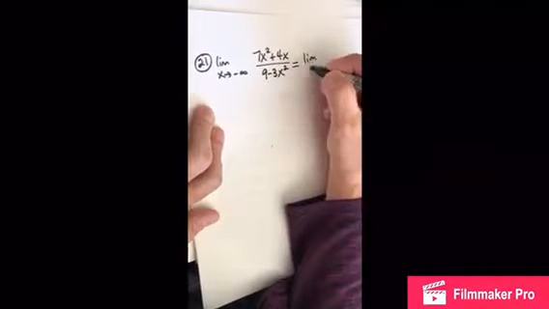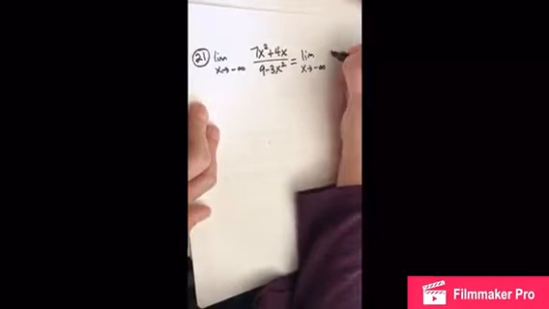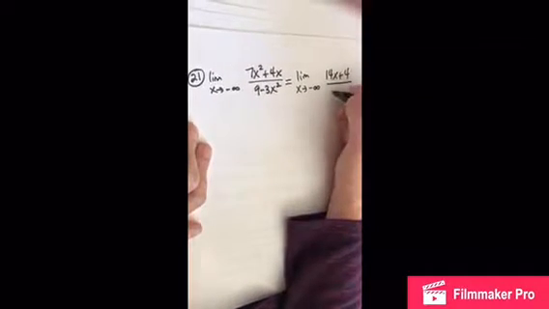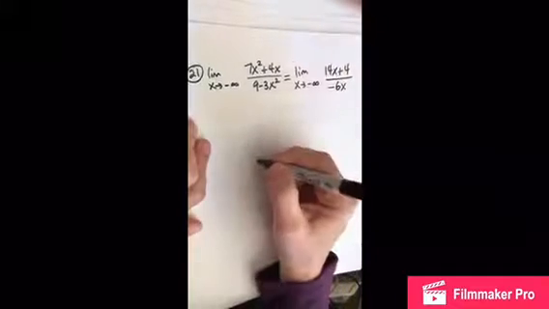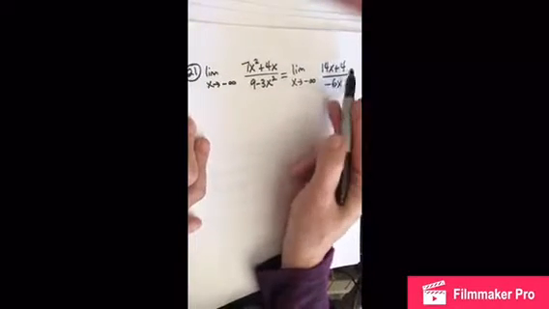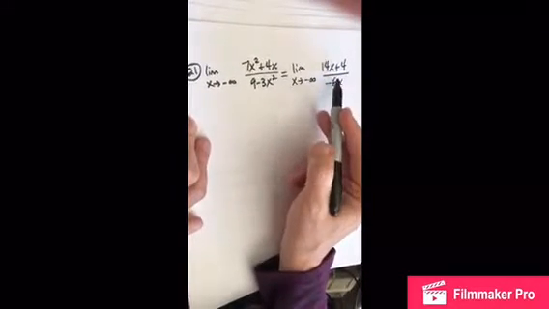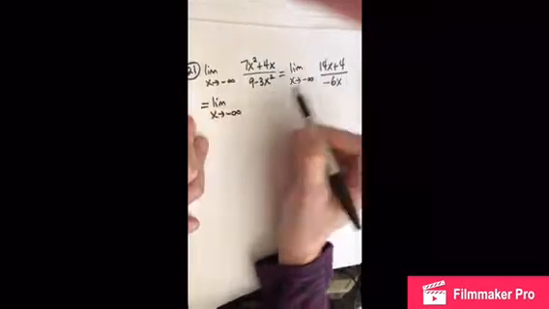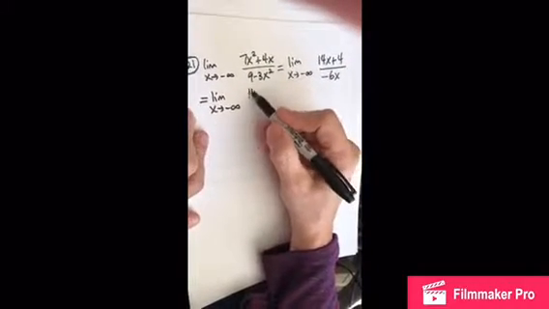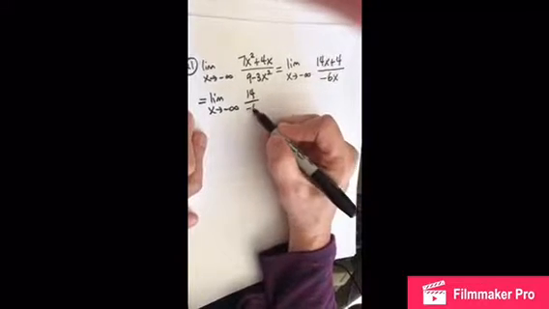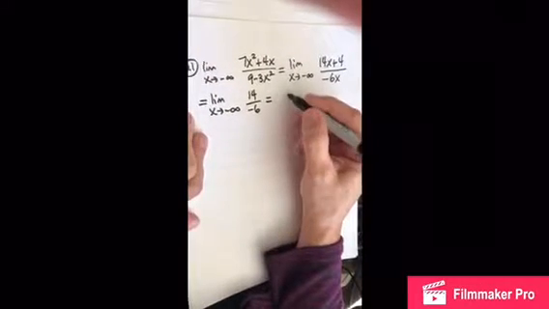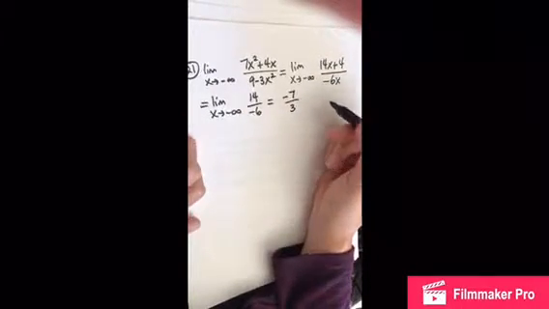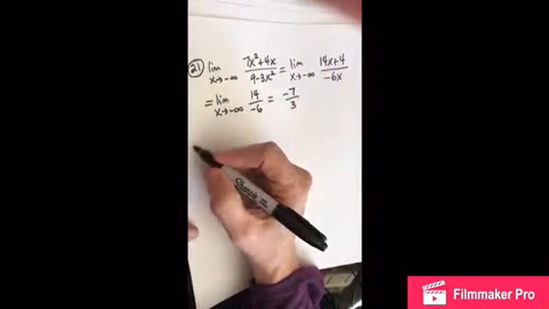So we just take the derivative of the numerator, which is 14x + 4, over the derivative of the denominator, which is -6x. But we notice that we get L'Hopital's rule requirements again. So we have to use L'Hopital's rule again. Derivative of the numerator is 14. Derivative of the denominator is -6. So your answer is negative 7 over 3 for that one. So you had to use L'Hopital's rule twice on that one.